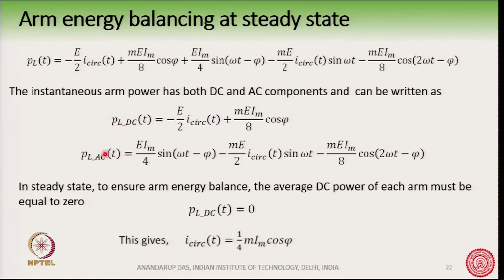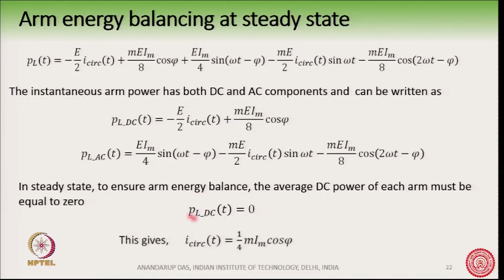When you expand it fully, again we see that in the lower arm power there is a DC component and there is an AC component, just like before. This DC component for the lower arm should again be equal to 0 to ensure arm energy balance for the lower arm.